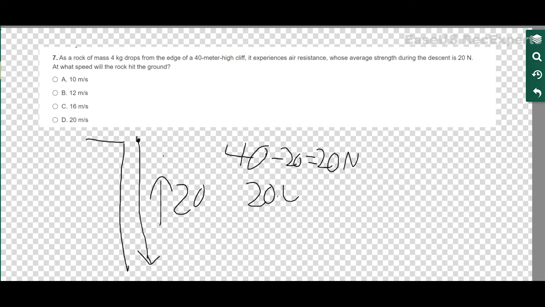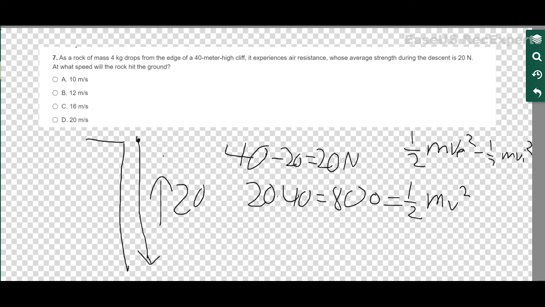So 20 times 40 would be equal to 800, which is equal to our change in kinetic energy. Now, because your v initial is 0, you would go 1/2 mv final squared minus 1/2 mv initial squared.